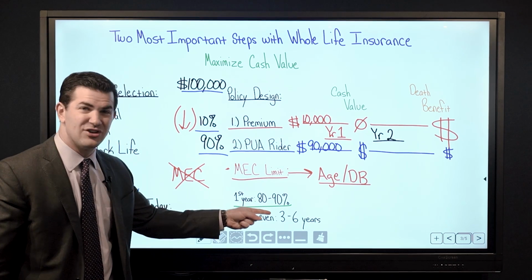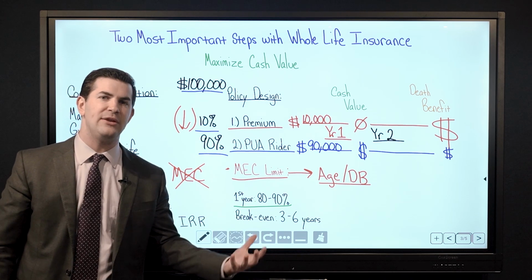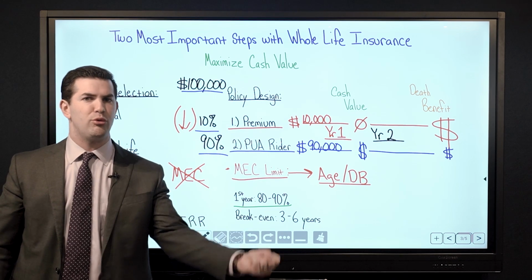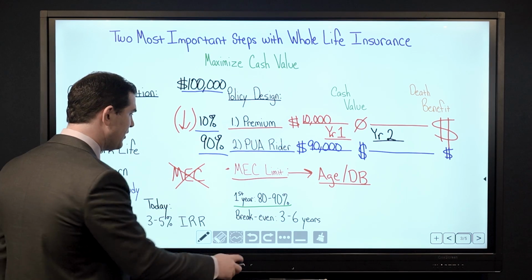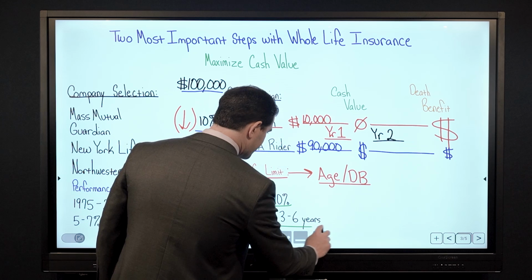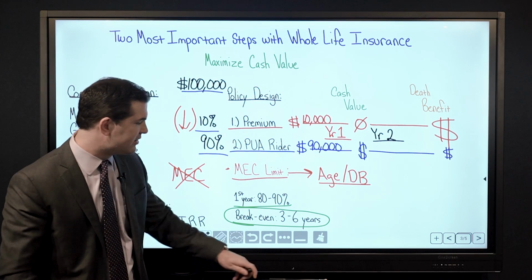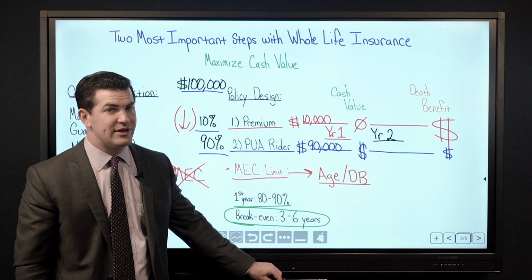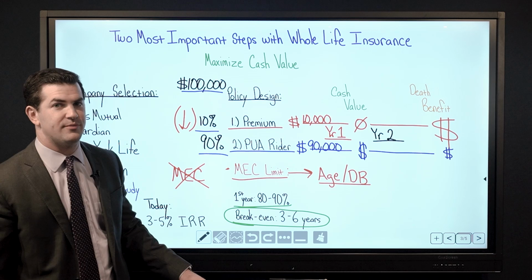Why there's a big range, 10%, depends on the company and product selection. Some companies offer more cash value up front with weaker long-term performance and vice versa. So that's where it's good to see options there. And then the break even, when I have more money in cash value than what I've paid into the product, should range between years 3 and 6. And again, this depends on the company and product selection.